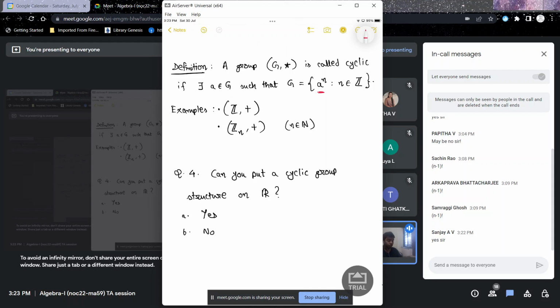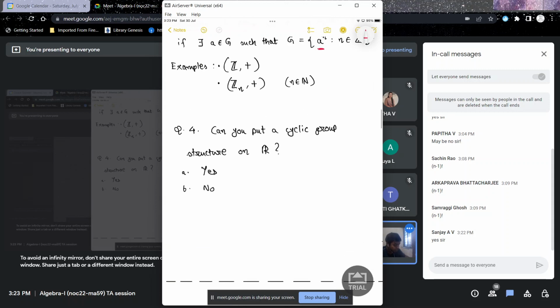Now notice that I am not saying that if the group G is cyclic then it's infinite. This is just a small remark: I am not saying that this set is infinite, because it is perfectly possible for A to have a finite order. Let's say A can have order n. In that case, this set will have exactly n elements.